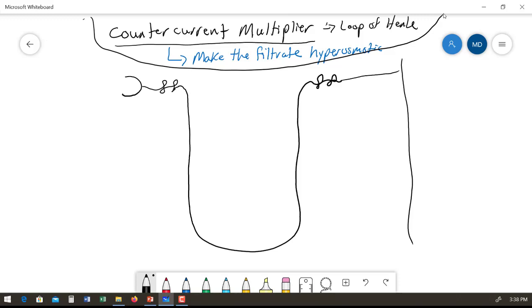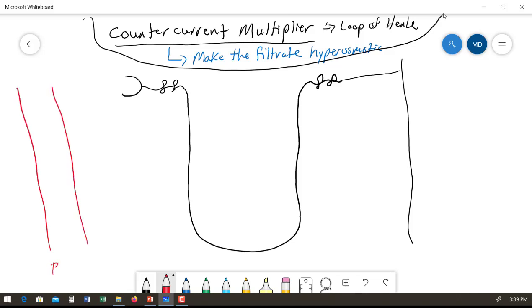Okay, now if you recall, surrounding the loop of Henle there is the vasa recta, and that is our blood supply. I should draw this blood supply on top of the loop of Henle. So in other words, the vasa recta is going to be overlaying this. Okay. However, if I draw that, it's going to make our picture way too messy to understand. So instead what I'm going to do is put a blood supply over here.